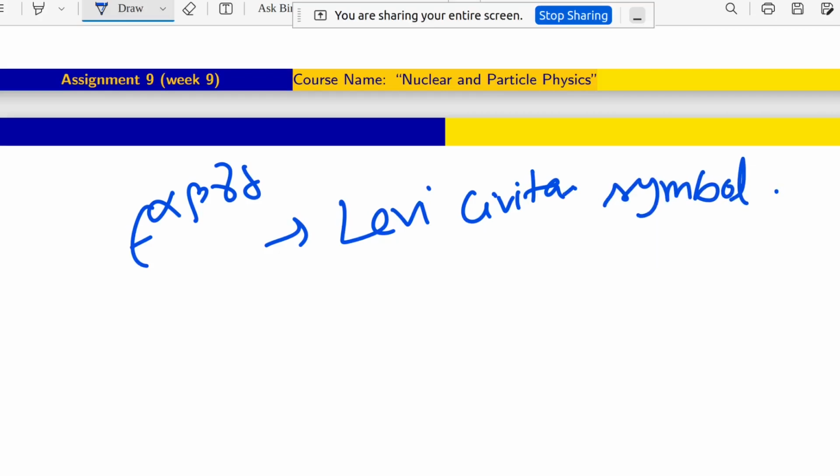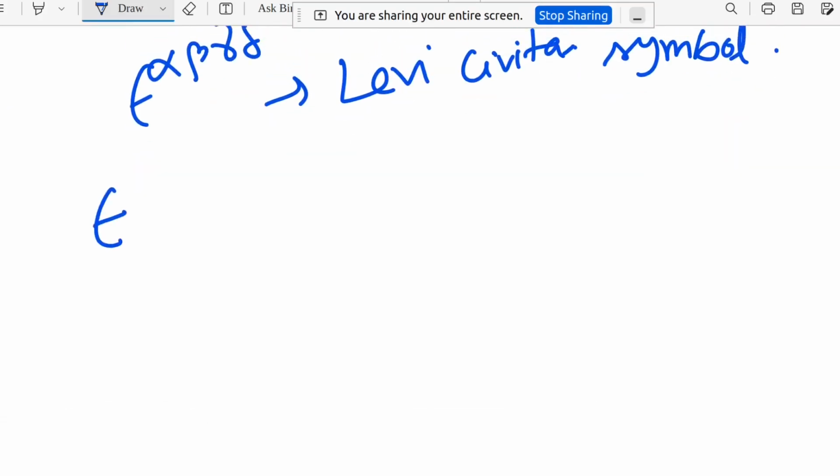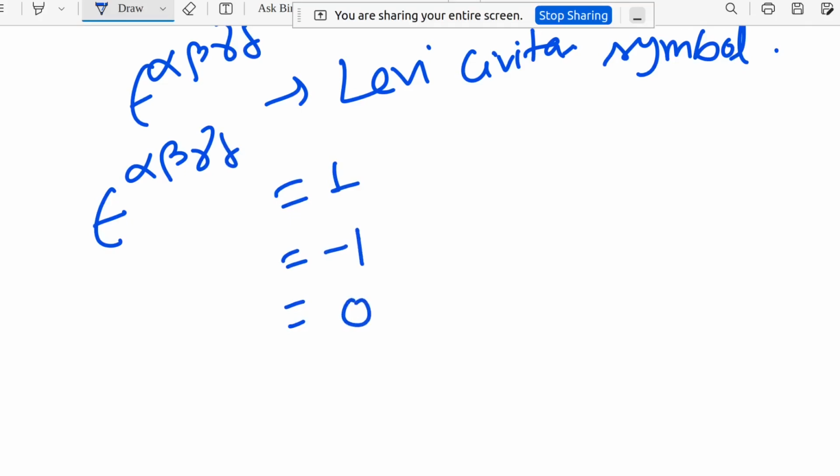So what is the speciality of this Levi-Civita symbol? Epsilon alpha beta gamma delta will have three values. It will have 1, it will have -1, and it will have 0. It will have the value 1 when alpha beta gamma delta is an even permutation.